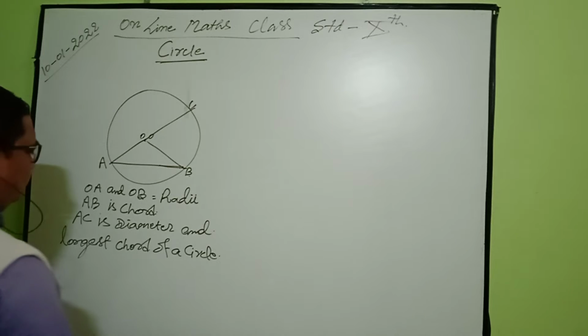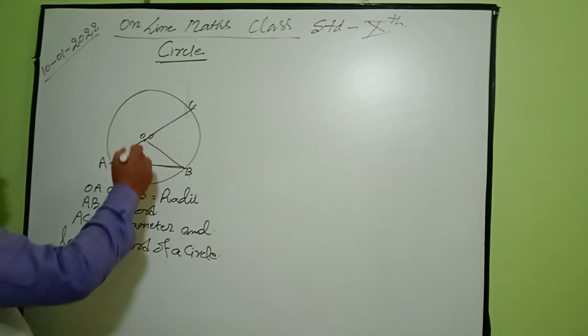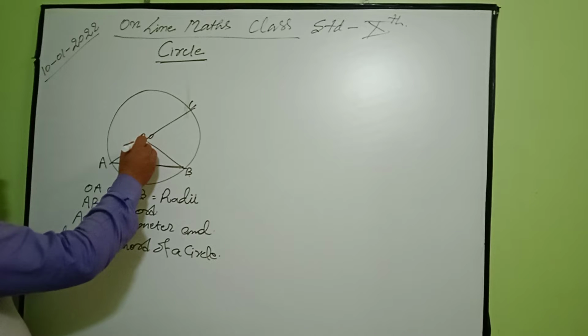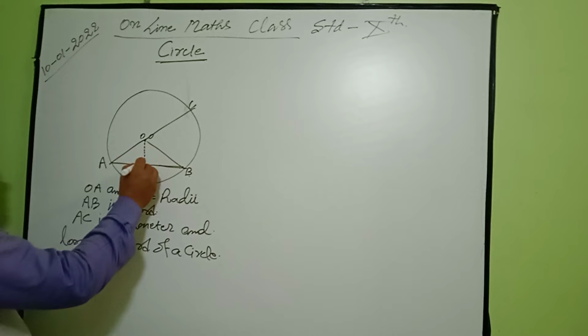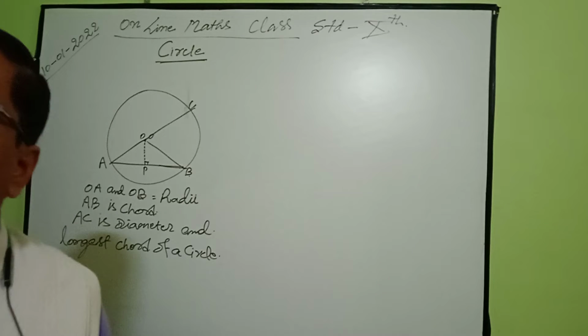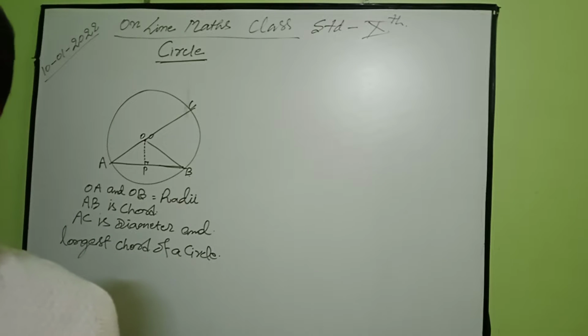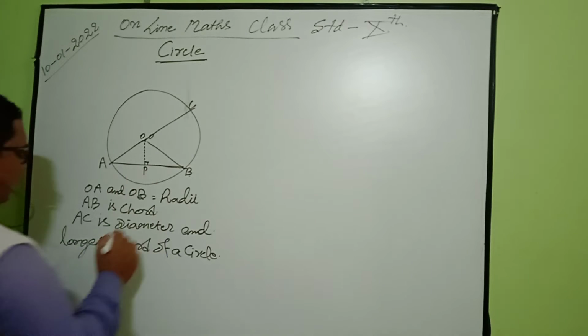Now, when a perpendicular line is drawn from the center to the chord, OP perpendicular on AB, then the chord will be divided equally into two parts.